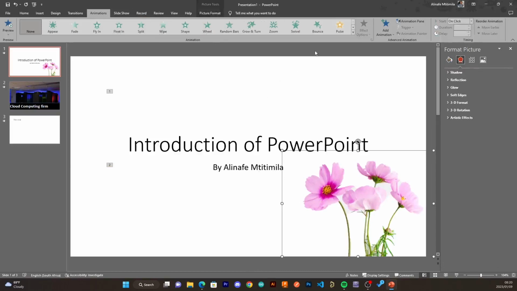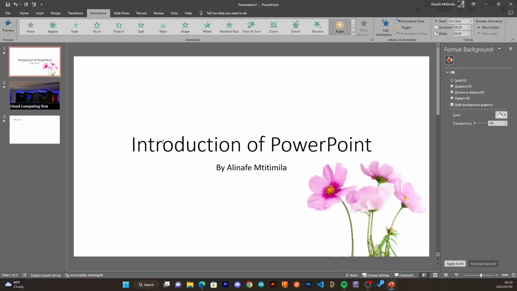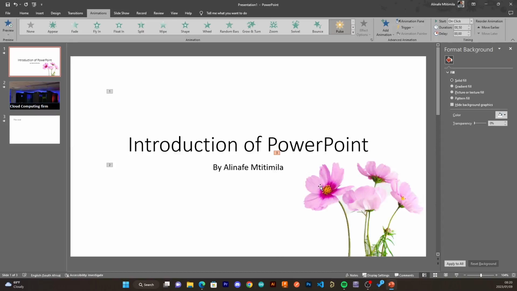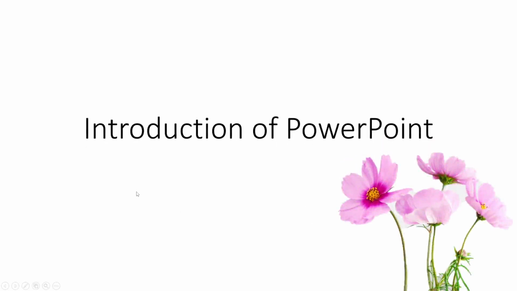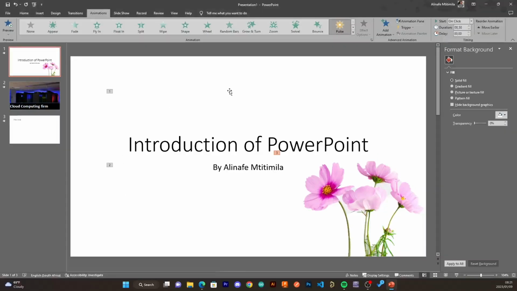You can also apply animations to the text and the images that you have. If you go here and start the slideshow and click the right arrow, you can see the animation going one after the other, and once you are done, you are good to go. So basically, this is how you can create animations and transitions in your PowerPoint.